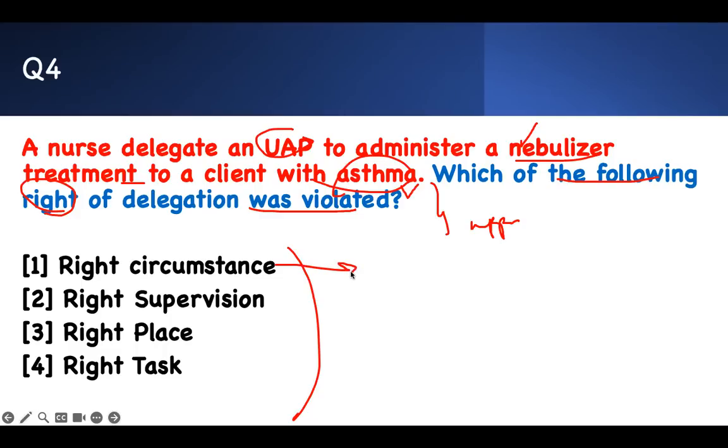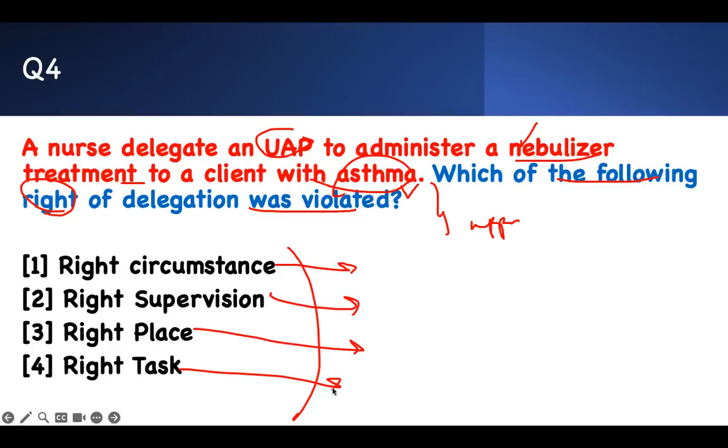Circumstances is like the situation. Somebody is in an emergency or something like that. Supervision is when you help them, supervise them. Place is the right place where they need to be giving that medication. And task is something that is competent, appropriate, delegated to somebody who we think is safe.